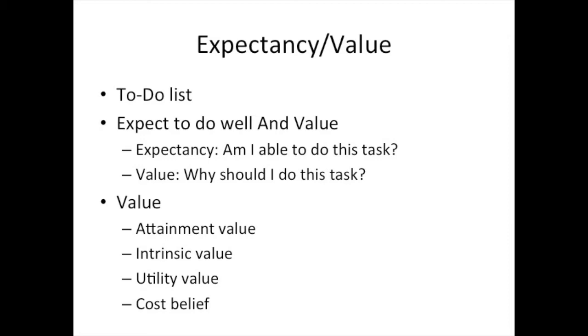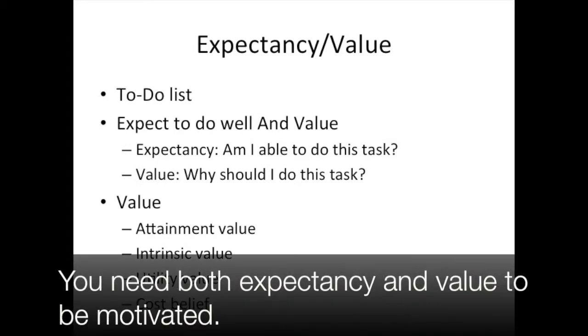The things that you expect to do and that you value are going to be typically the first things that you do, or the things that get checked off your to-do list. So expectancy asks, am I able to do this task? Do I expect to do well?